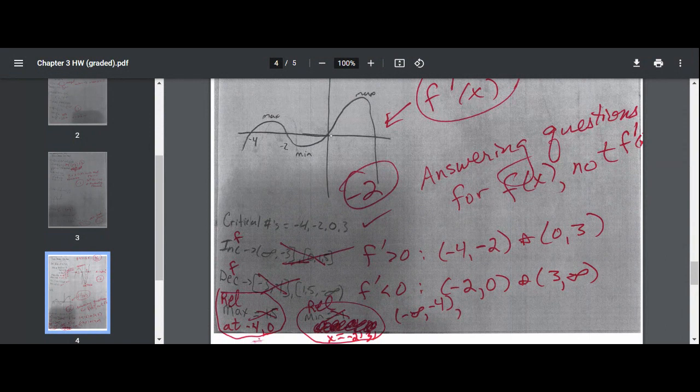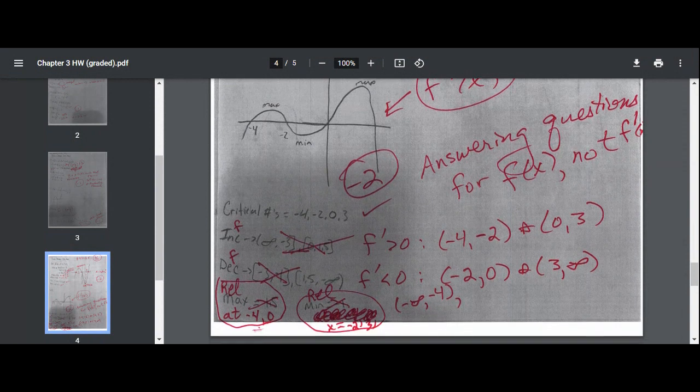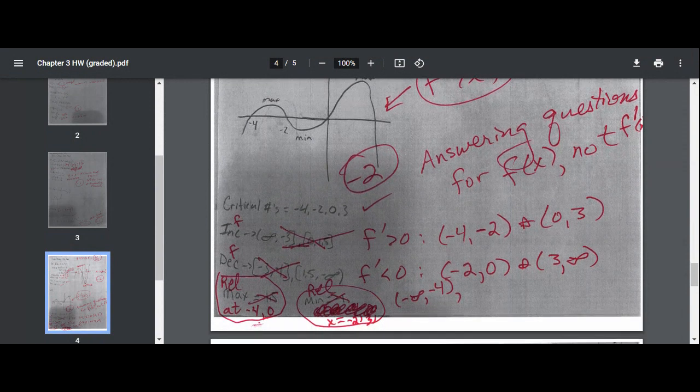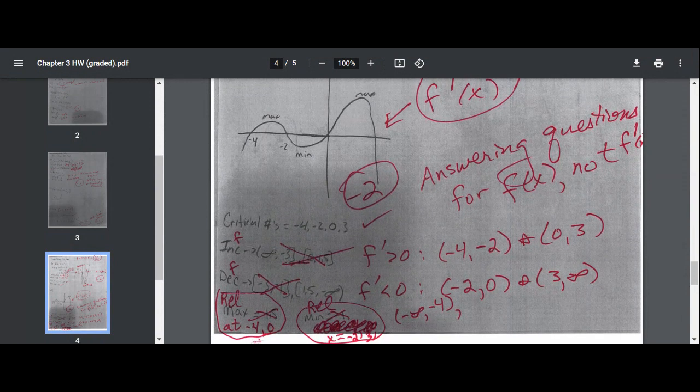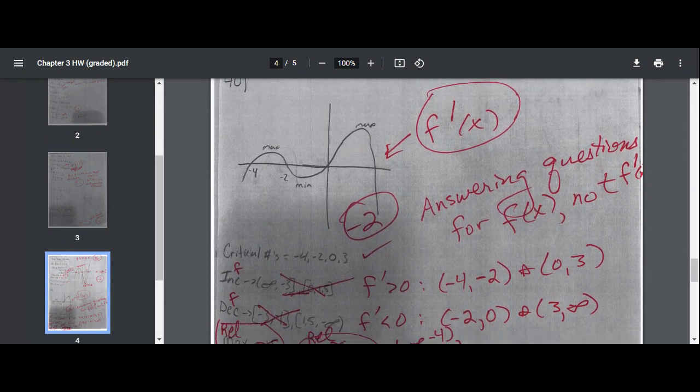And also this hump above the x-axis, from 0 to 3, f prime is positive, so f is increasing there. Does that make sense? Yeah. So what I answered were questions for f prime, not f of x? Right. They gave you the derivative graph to answer questions about your original function f.